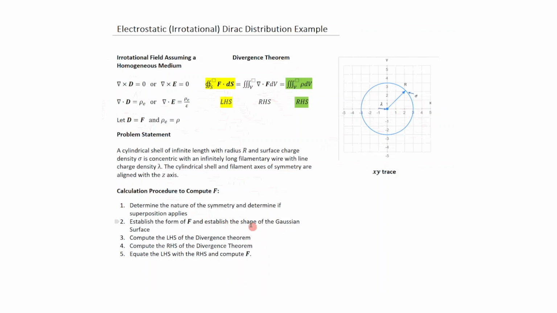This is taking the symmetry into account and then exploiting a Gaussian surface that is amenable to that particular geometry. Next would be to compute the left-hand side of the divergence theorem, followed by the right-hand side, and then equate the left-hand side and the right-hand side to compute the vector field F.